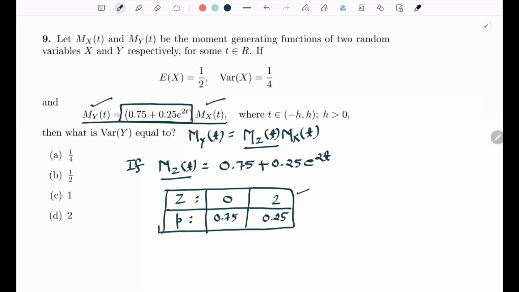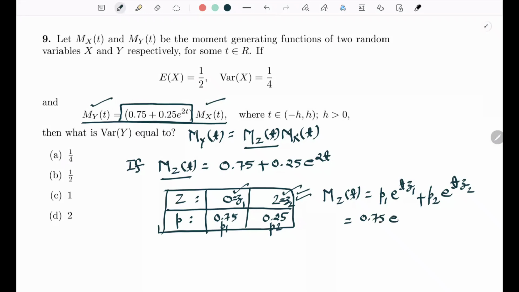If we are given the probability distribution like this one, the MGF of Z will be P1 e^(t·Z1) plus P2 e^(t·Z2). The value of Z1 is 0 and the value of Z2 is 2, P1 is 0.75 and P2 is 0.25. So P1 is 0.75 e^(t·0) plus P2, which is 0.25 e^(t·2).